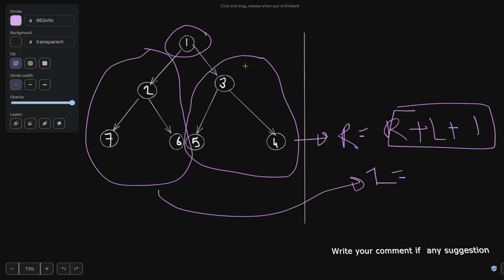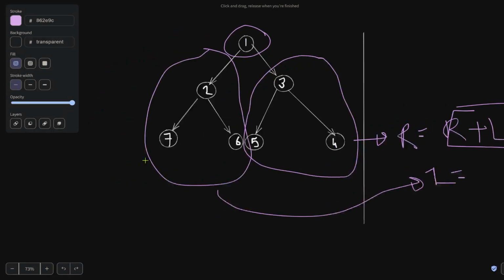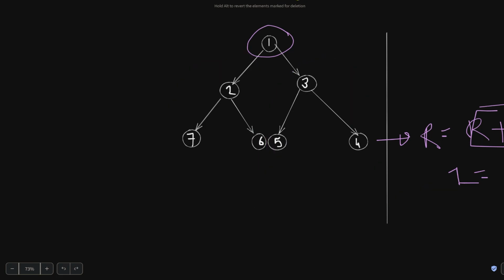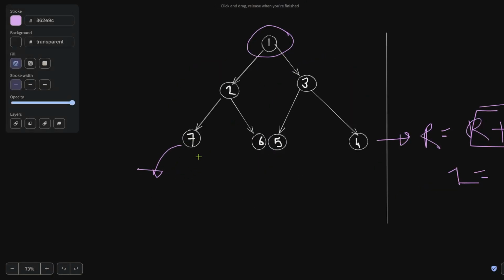Now the next thing is the edge case. So the edge case is basically if my left or right is None, we just have to return 0, because there is no node on the left side and there is no node on the right side.